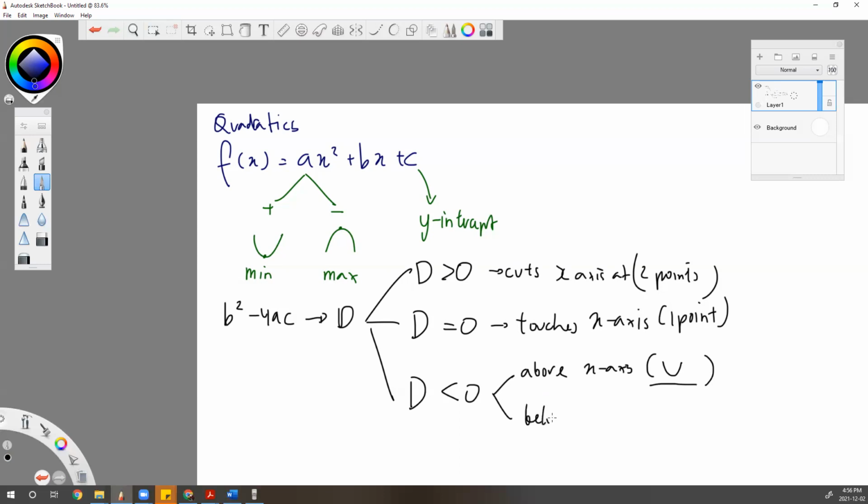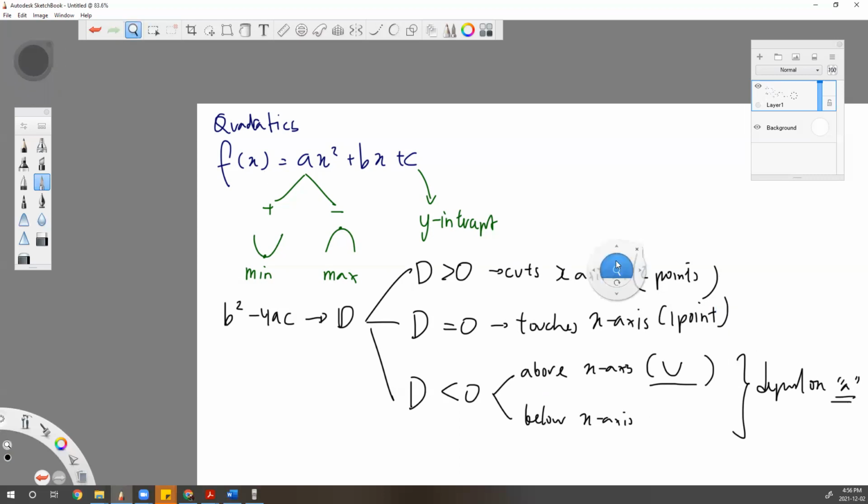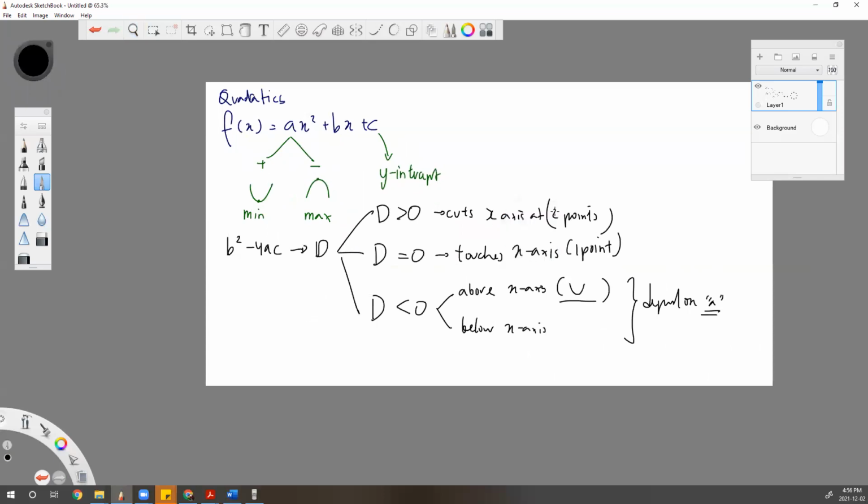Or below x-axis. This will depend on a, right? Okay, I just give you the super simple explanation. It won't be much. You have to learn it on your own. But again, I will provide you the sources of learning quadratics later on.